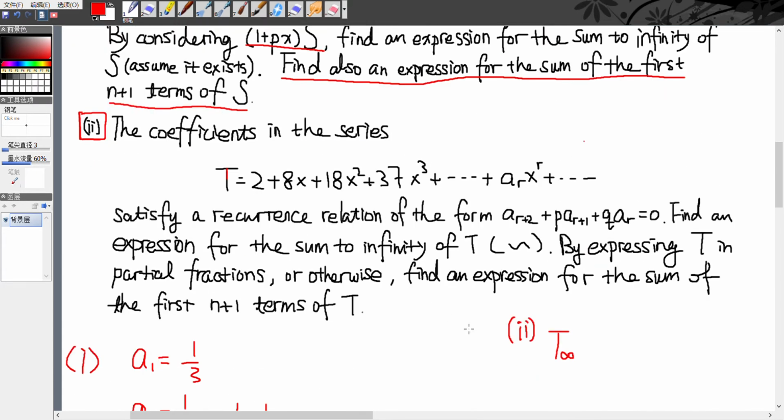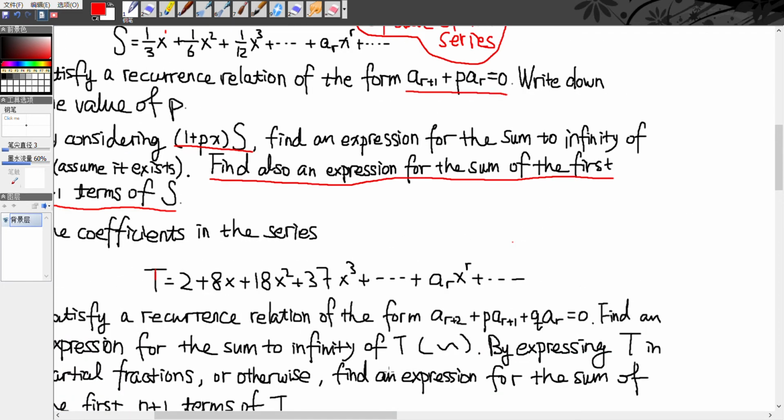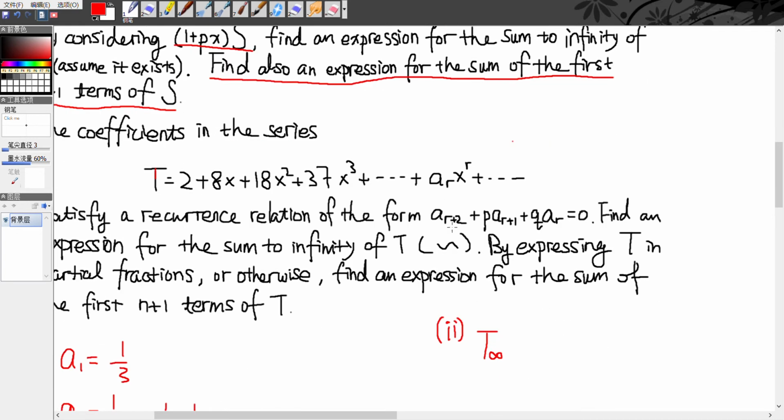So maybe we can have some terms to consider, and it definitely relates to our recurrence relation.